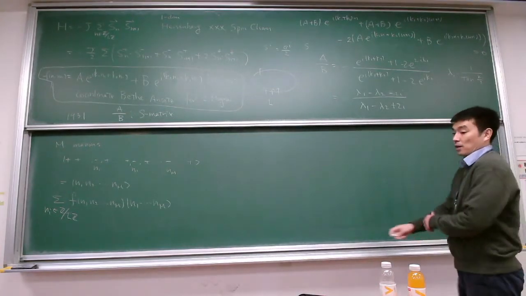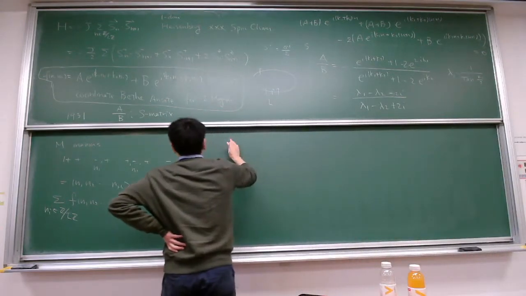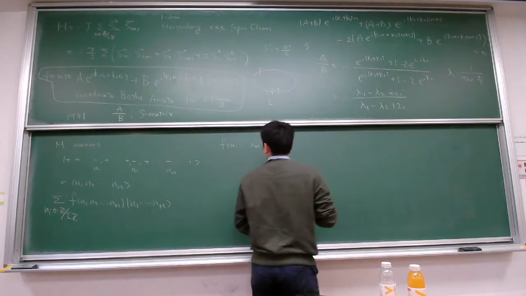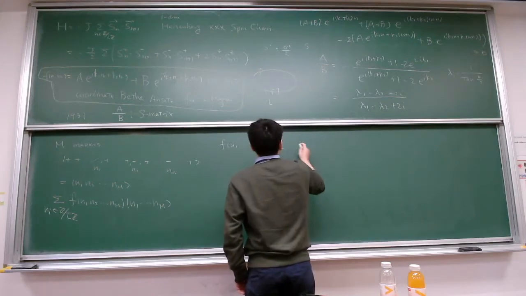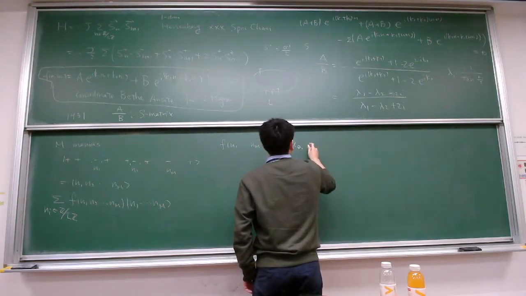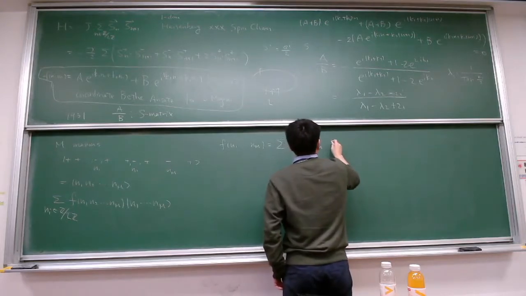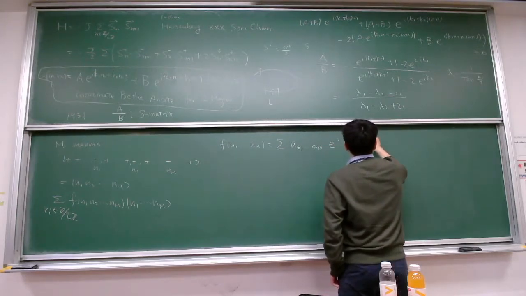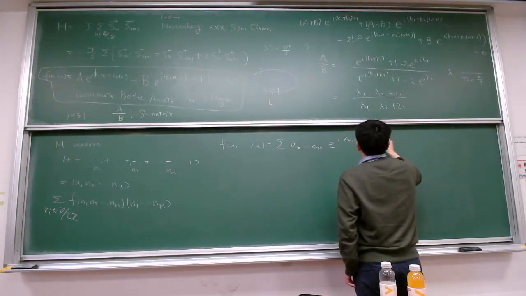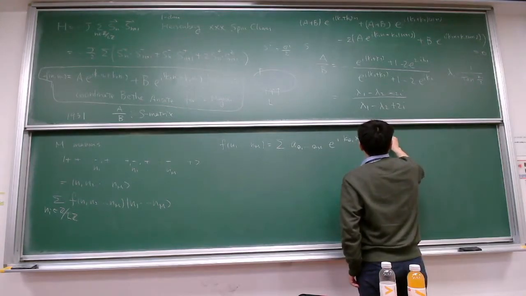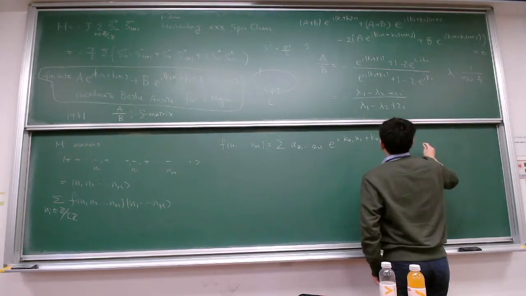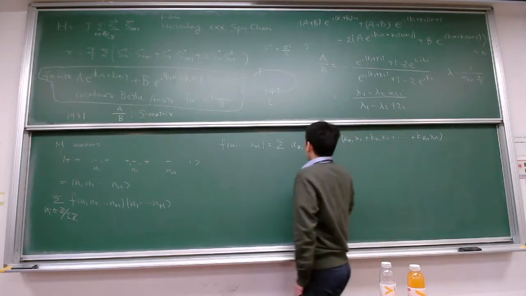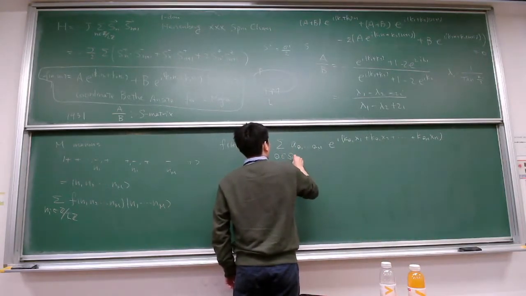So instead of just the coordinate Bethe ansatz, the wave function f of x1 through xm can be written as the sum over q of A(q1 ... qm) e to the i (k_q1 x1 + k_q2 x2 + ... + k_qm xm). And q is the permutation symmetry S_m.